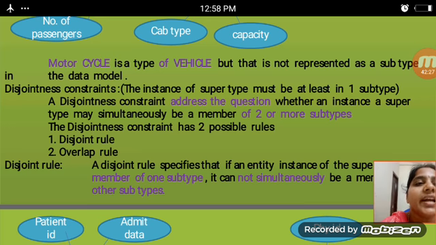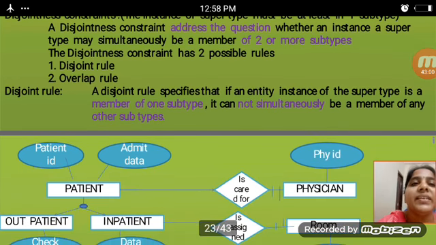The disjoint constraint has two possible rules: the disjoint rule and the overlap rule.